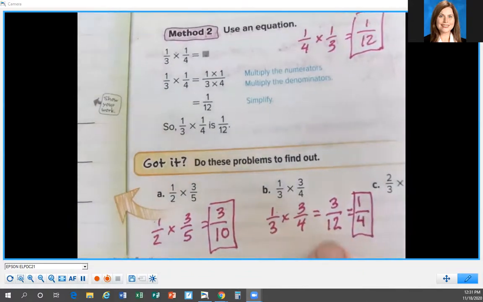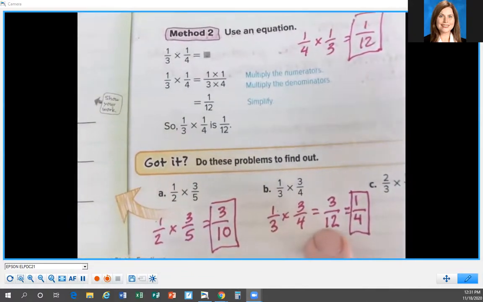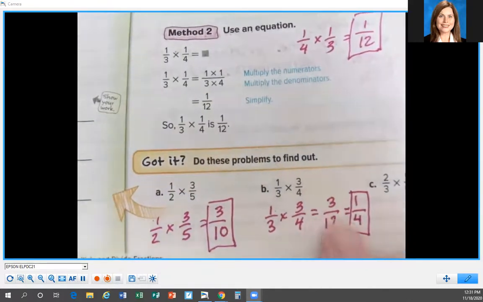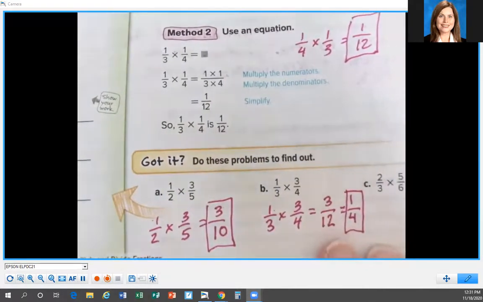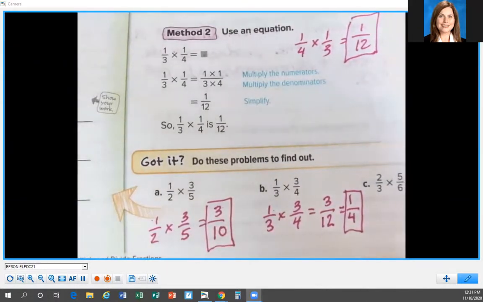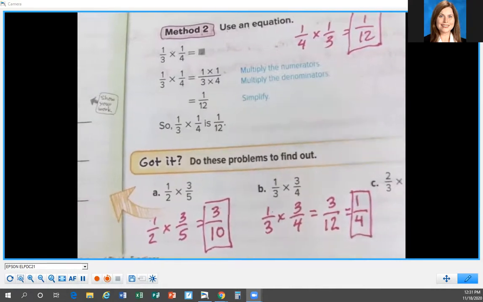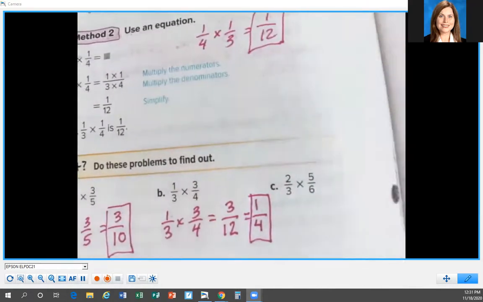This answer would be wrong. We always have to simplify, because mathematicians and scientists, we don't want to have two possible correct answers. Oh, it could be 3/12 or it could be 1/4. No, we want to have one agreed upon correct answer. We always simplify. Okay, example C, 2/3 times 5/6.